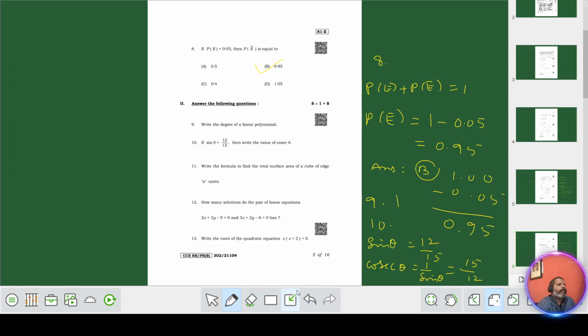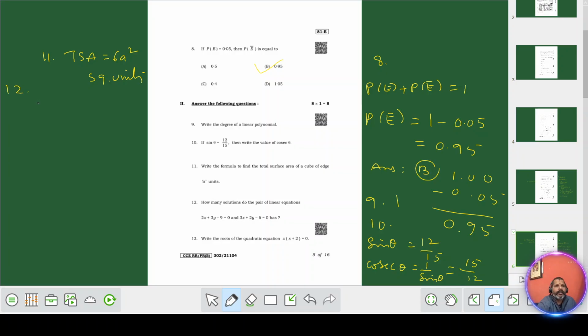Then write the formula to find the total surface area of a cube with edge A. It's again a repeated question. TSA is 6A square. Please write the units here. How many solutions does the pair of linear equations have? It's again a repeated question from set A. When I say repeated, I have given the solution link in the description.